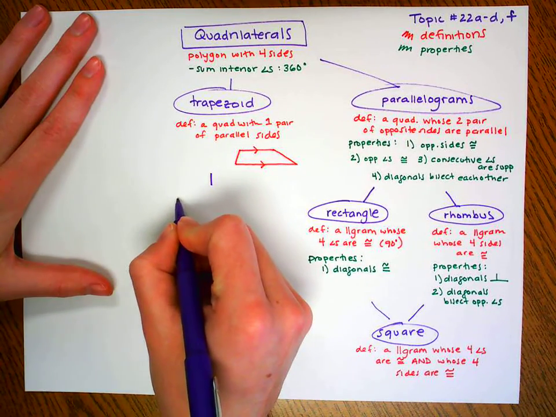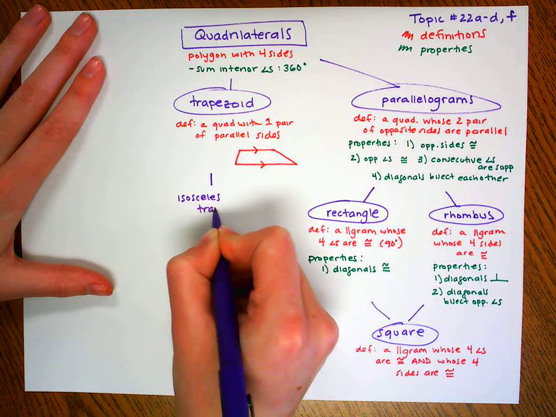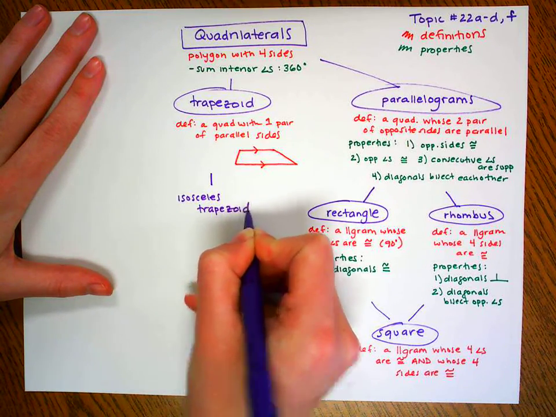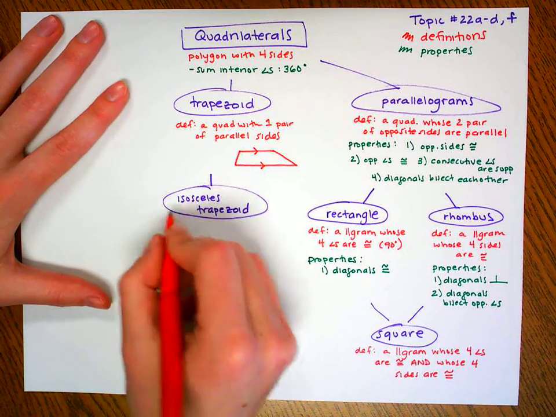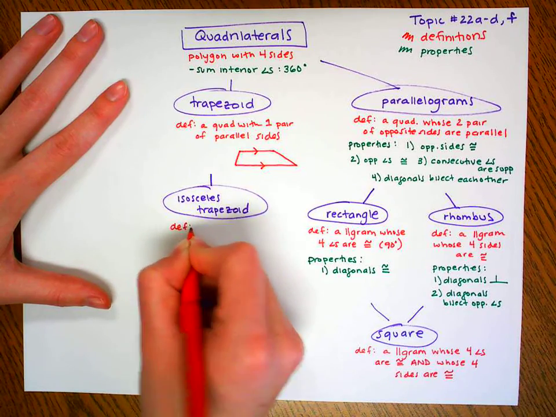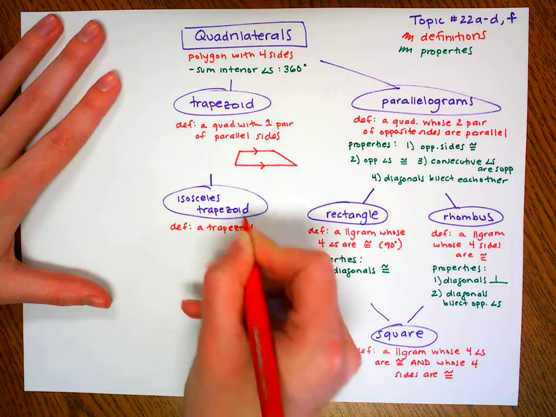And there's a specific type of trapezoid called an isosceles trapezoid. And the definition of an isosceles trapezoid is a trapezoid, which means everything above is true, right?